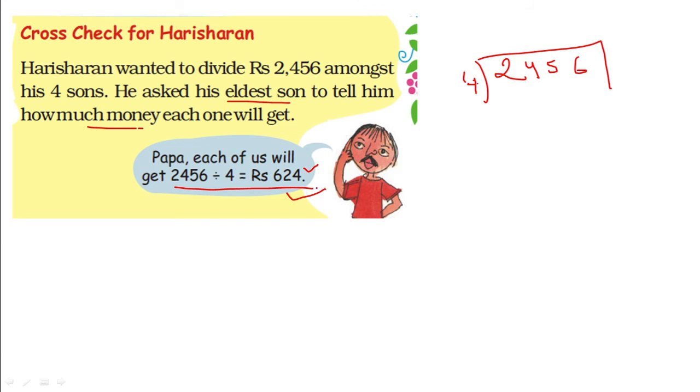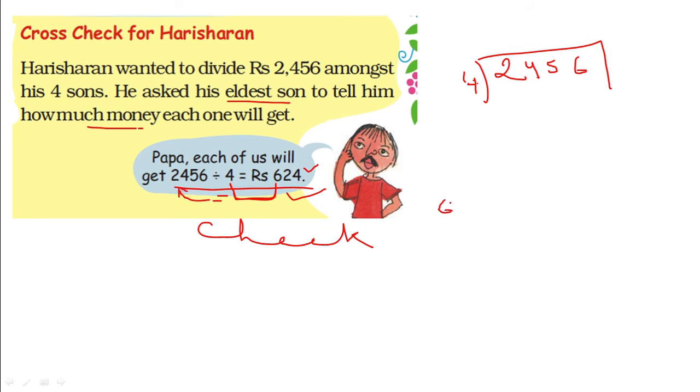Okay, so whether he has done it correctly or not, we can check this. How can we check this? We multiply this by this. If this is equal to this number, it means the division is correct.